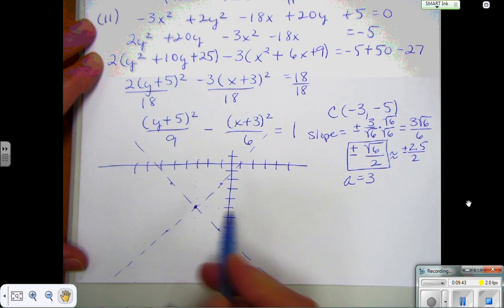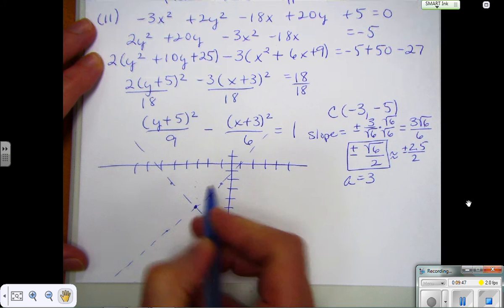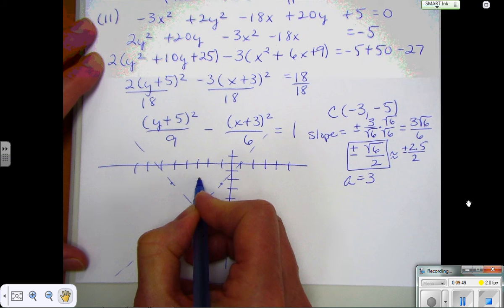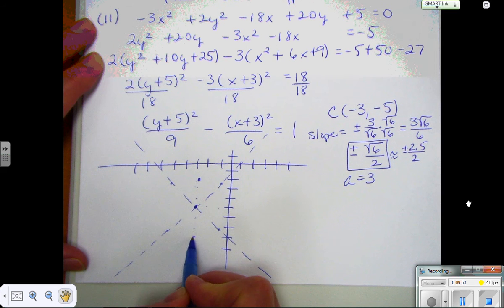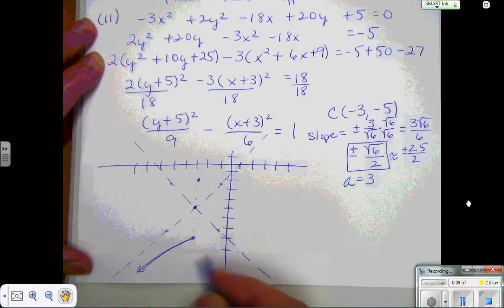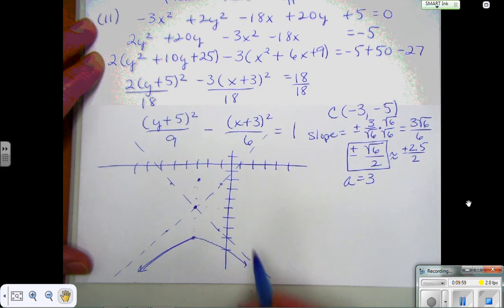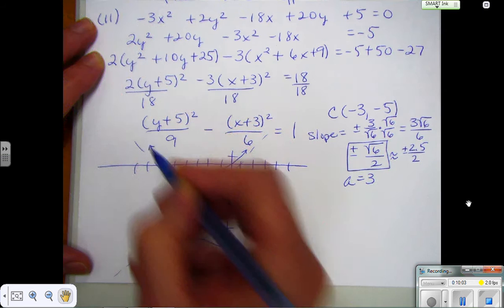So I don't need to even really find the vertices. I can just count from my center, count straight up 3 units. There's one vertex. Straight down 3 units. There's my other vertex. And then just use the asymptotes to draw the shape and that's going to be your graph. Don't make it really hard, okay?